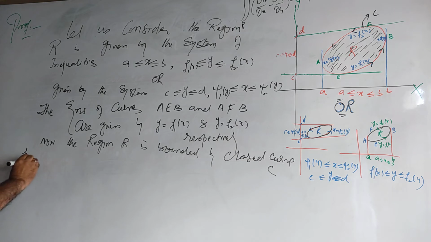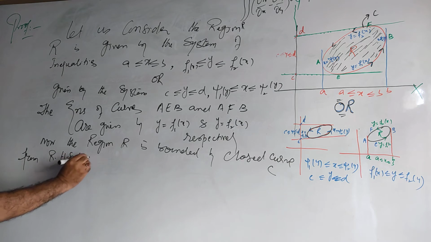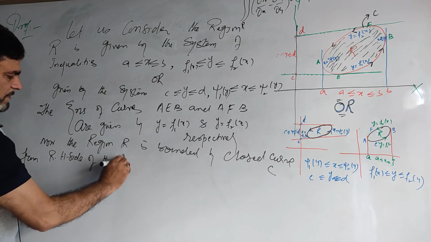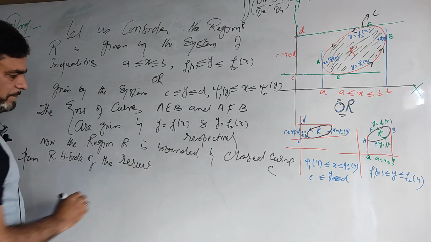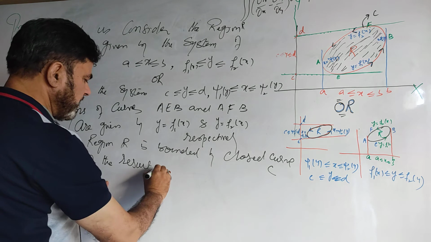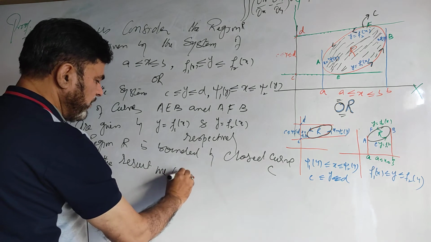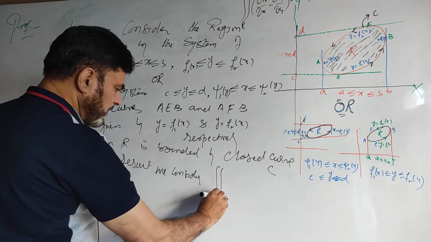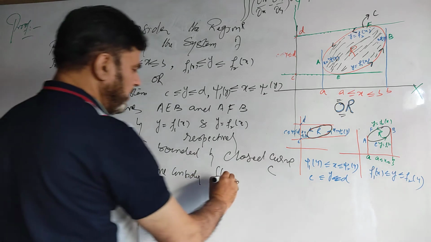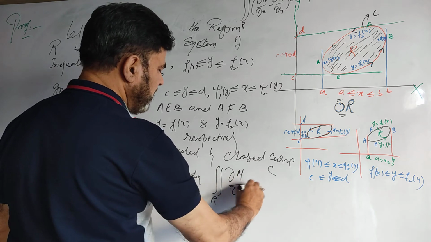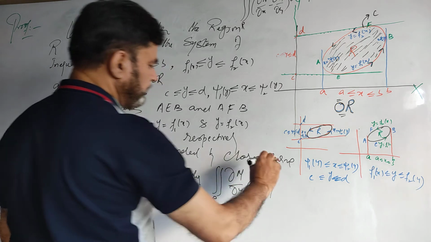From the right hand side of the result, the result that we have to prove, we consider this part. We consider the surface integral. We find the value, in other words, we consider double integral or surface integral over R, partial derivative of M with respect to y, dx dy.